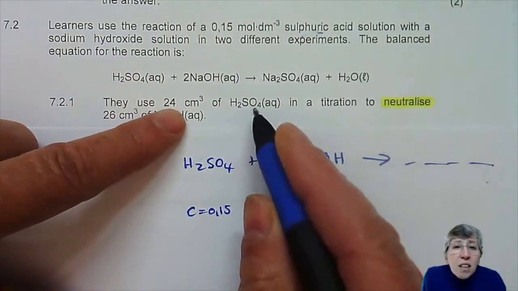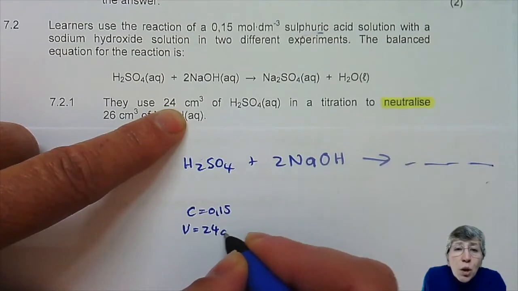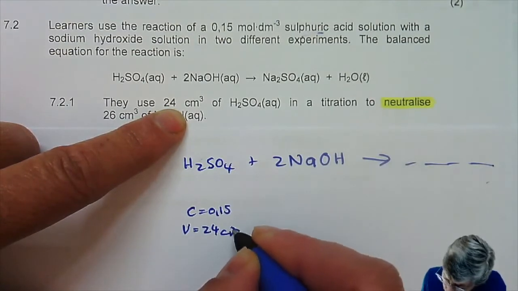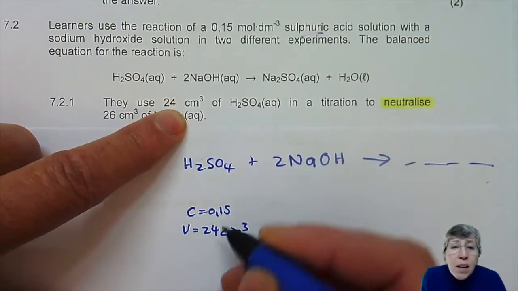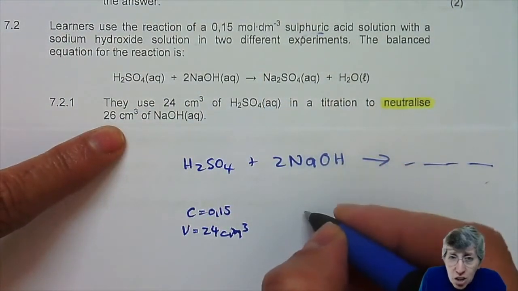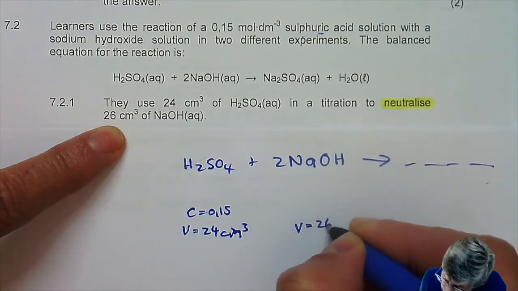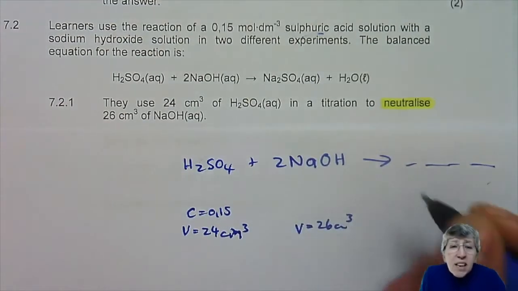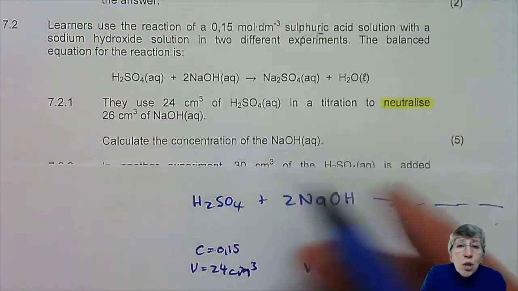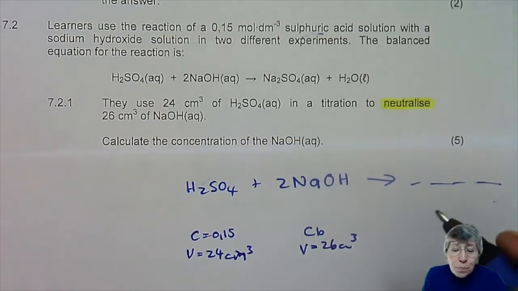And now they tell me the volume of this one is 24 cubic centimeters, right? Right, moving on. It neutralized the NaOH. And there they give you the volume of 26 cubic centimeters, and they ask you to calculate the concentration of that base.